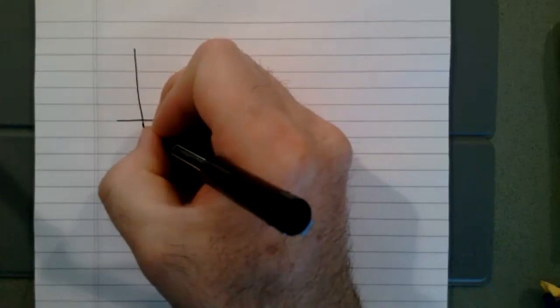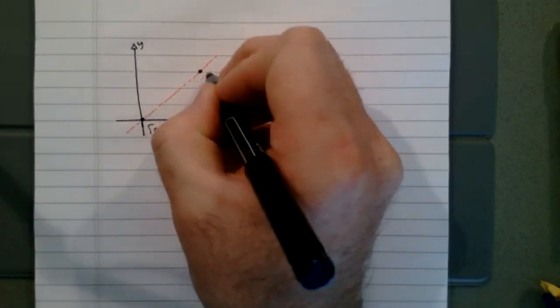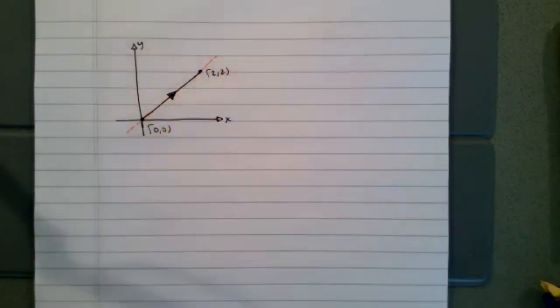Once again, we're along the line x equals y, or y equals x. And we want to make sure we go from 0, 0 to 2, 2.